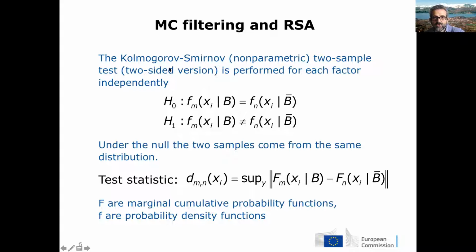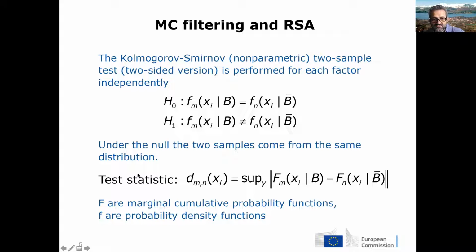We apply the Kolmogorov-Smirnov two-sample test for each parameter, for each factor. The null hypothesis is that the distribution of the parameters under the behavior and non-behavior are identical, and the alternative hypothesis is that the two distributions are actually different. Small f is the probability density, whereas big F is the cumulative distribution.